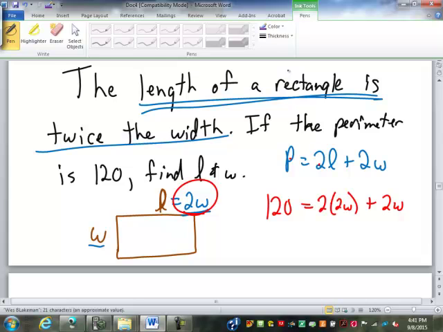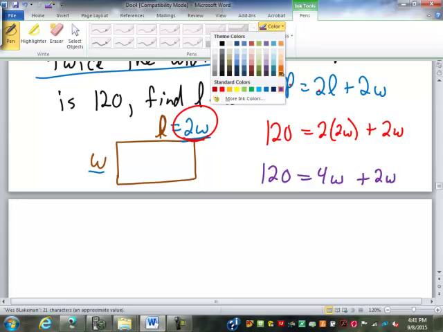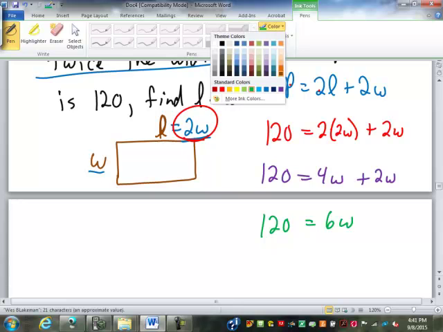Now what can we combine here? Well, first of all, we've got 2 times 2W, which is going to give us 4W. And now we can go ahead and combine the W's. 4W and 2W make 6W.